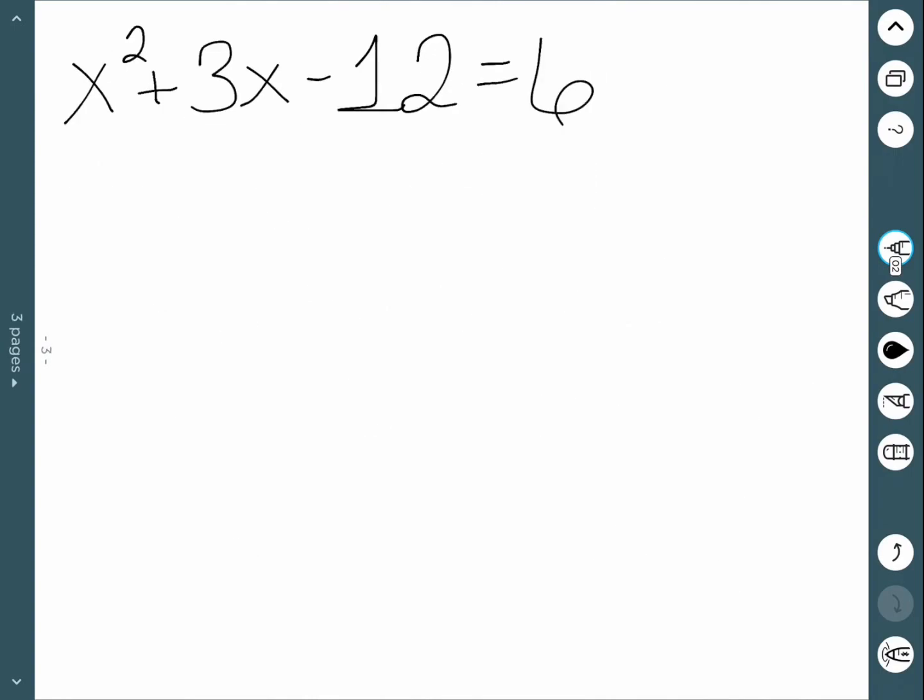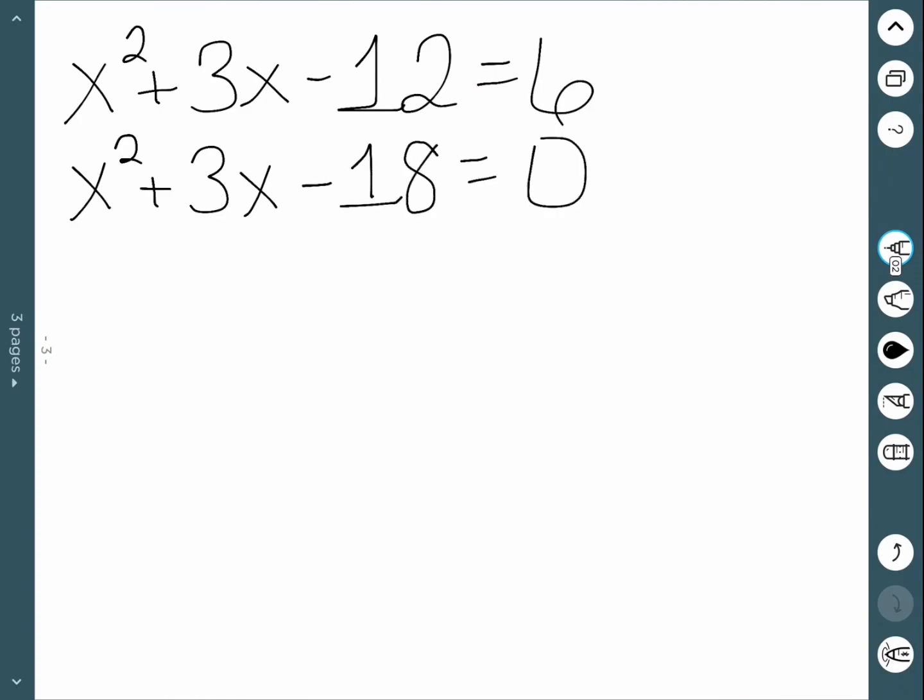Our next example, x squared plus 3x minus 12 equal to 6. Our first step is going to be to get the 6 on the other side because we do need it to be equal to 0. So subtracting 6 from both sides gives us a negative 18 on the left and a 0 on the right. We now need two numbers that multiply to be negative 18 and add to be 3.